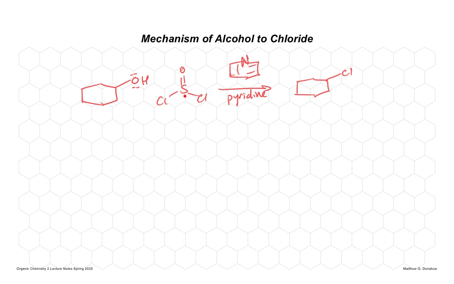If this sulfur was a carbon atom, do you know what that molecule is called? Any history buffs in the room? World War I. That's called phosgene.